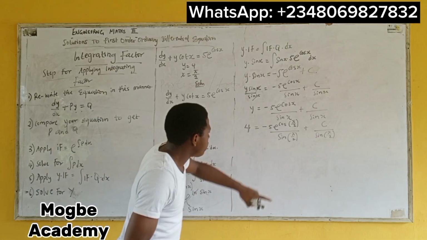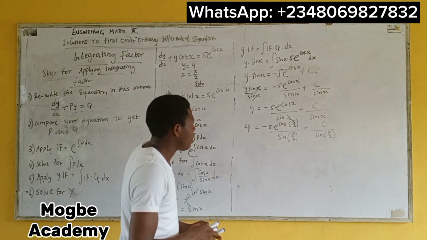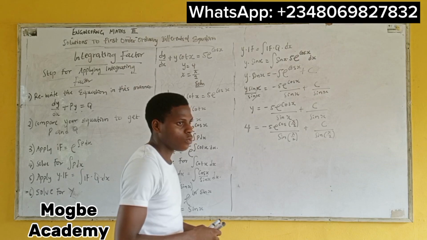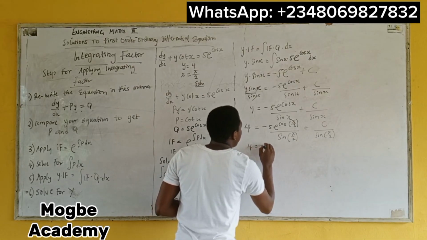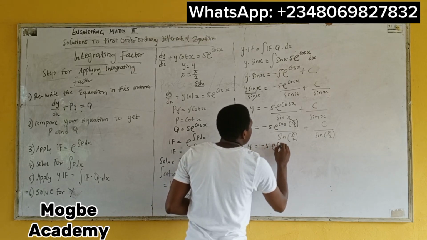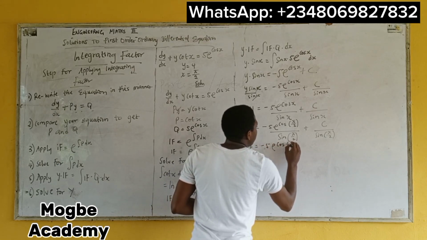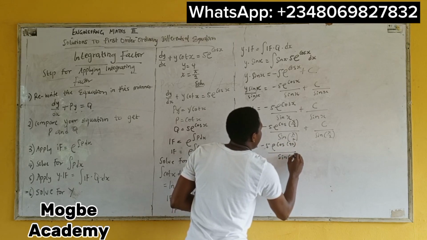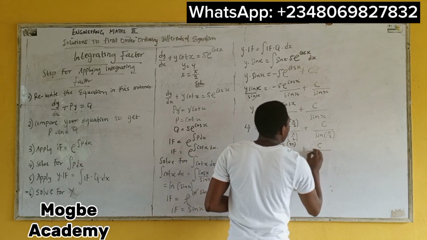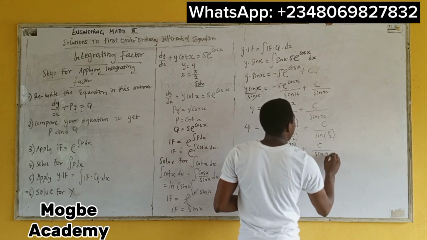Now, looking at this, pi is 180, over 2 is 90. So this can be written as 4 equal to minus 5 exponential cos 90 divided by sine 90 plus c over sine 90.